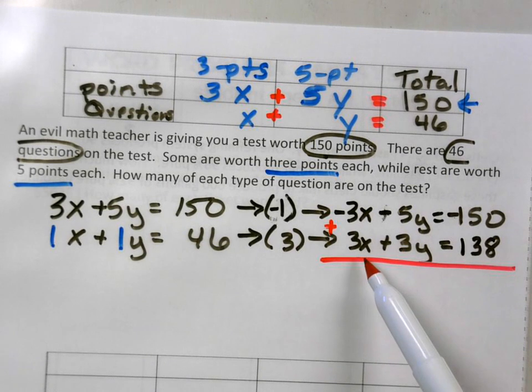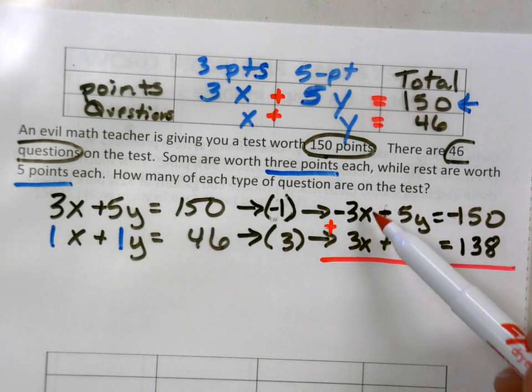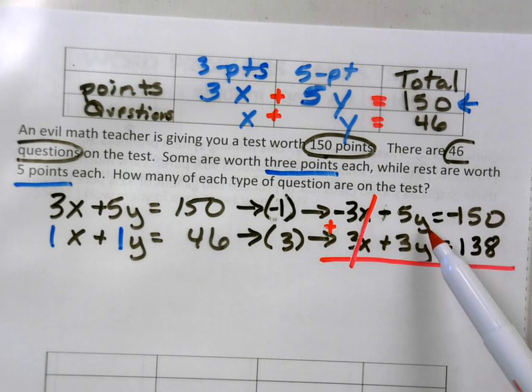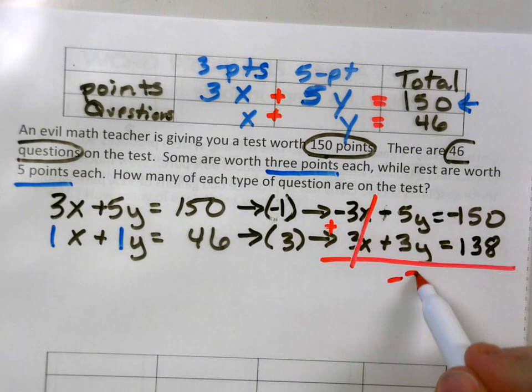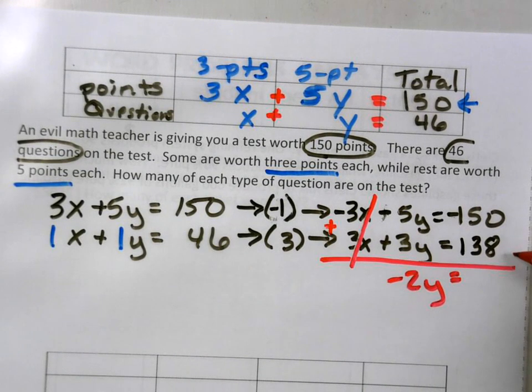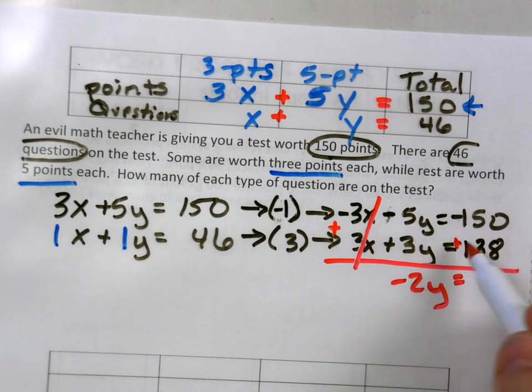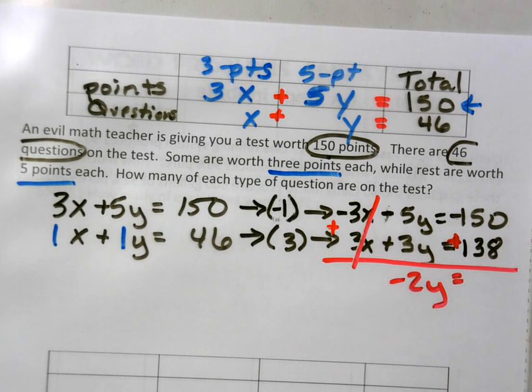So negative 3x plus 3x is what? Cancels out. We've got negative 5y plus 3y. It's negative 2y. And then negative 150 plus, right? Add that plus sign if you need to see it. So negative 150 plus negative 12.